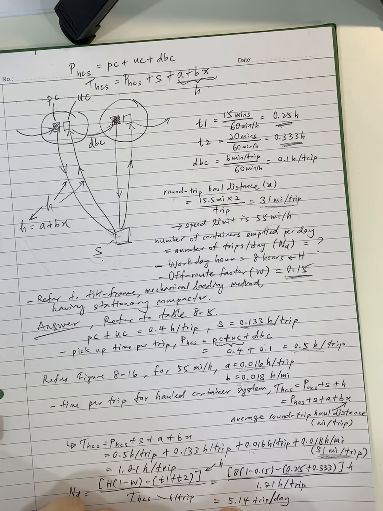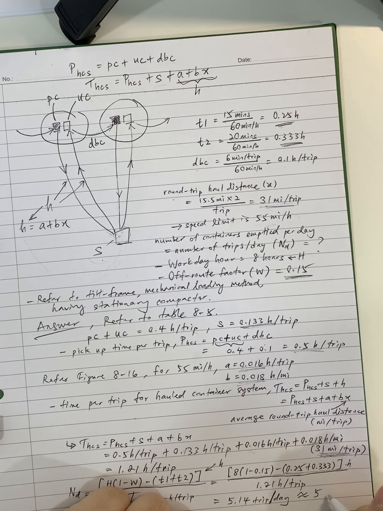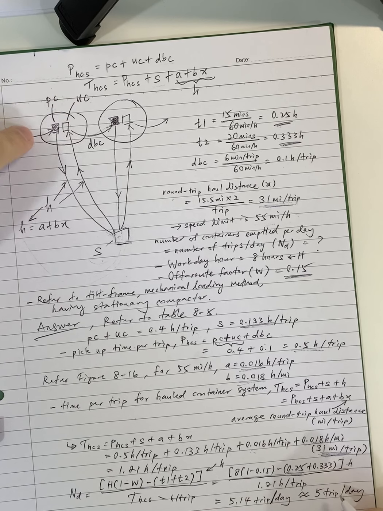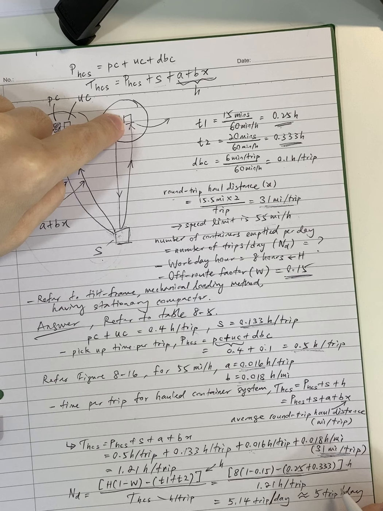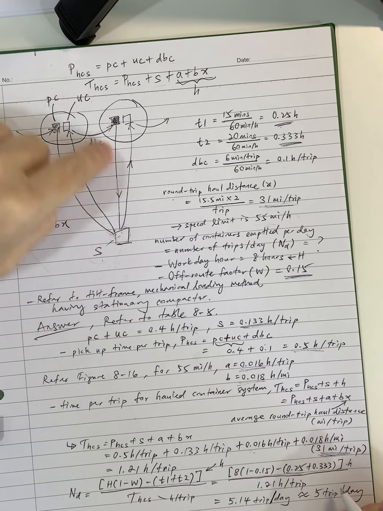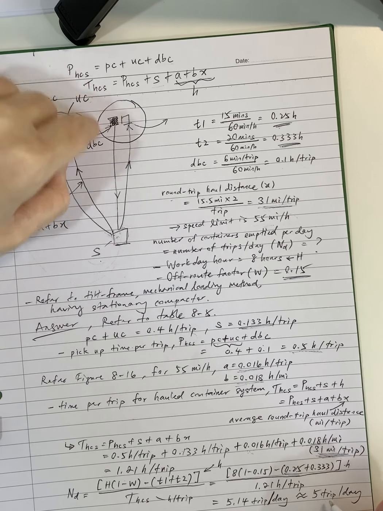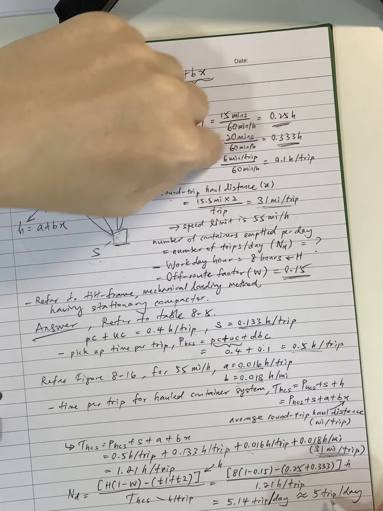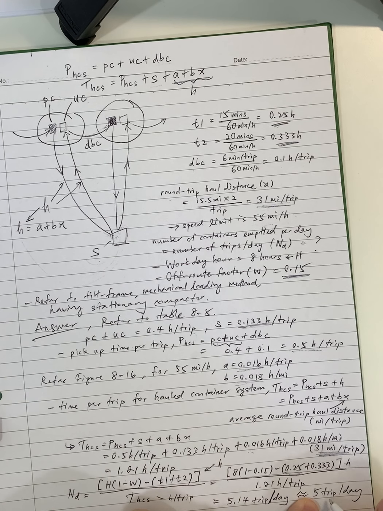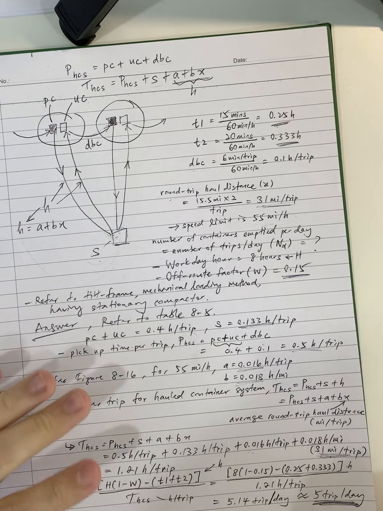You cannot carry 5.14 containers; you can only carry 5 containers maximum, so it should be 5 trips per day. Take the container, bring it to the disposal site, place it back, go to the next container. This is a complete trip, so we can only do 5 trips, meaning only 5 containers. That will be the answer for this.